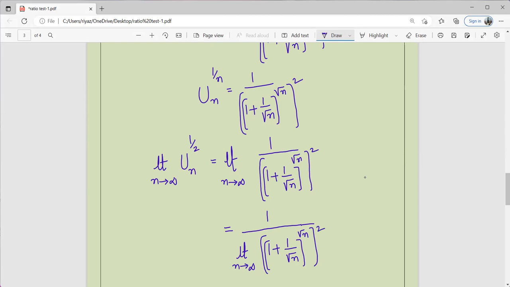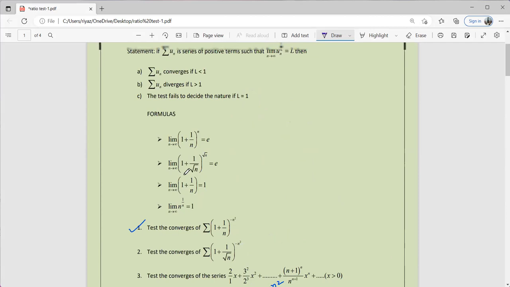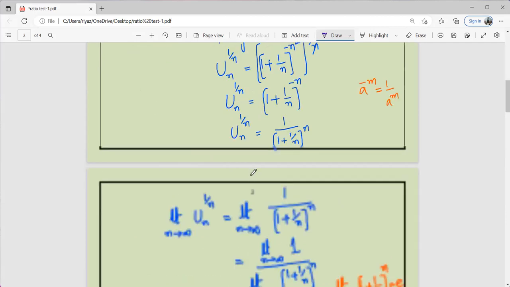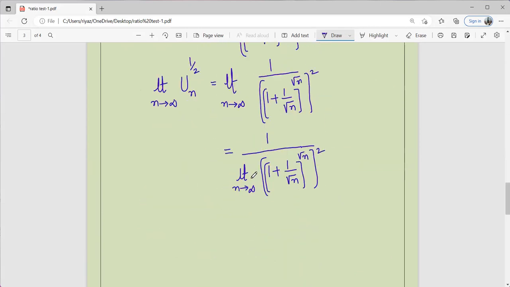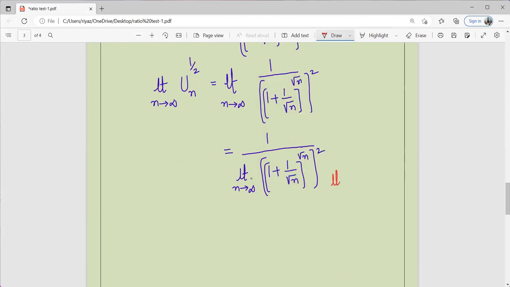Now you can go for formula number 2 in our sheet. This is our formula number 2. Limit n tends to infinity 1 plus 1 by root n whole to the power of root n, what answer can you write directly?